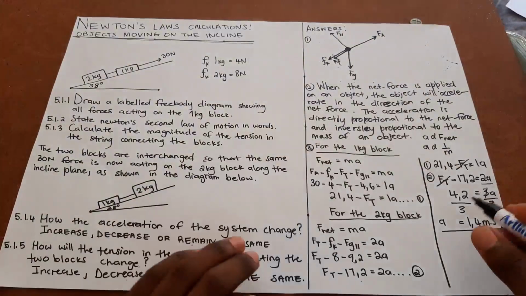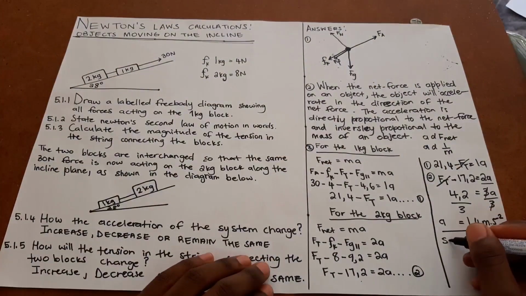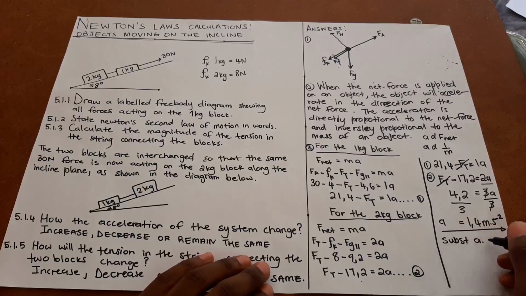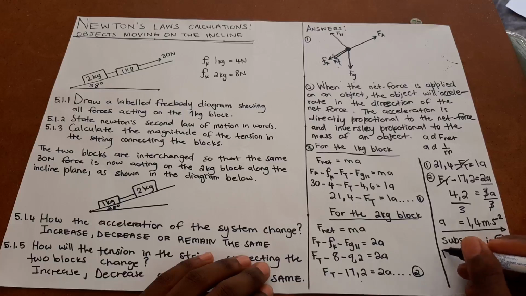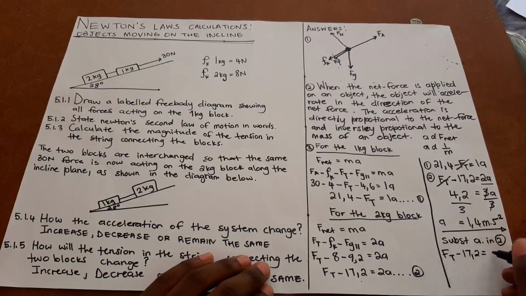So let's substitute the acceleration in equation 2. We're going to have Ft minus 17,2 is equal to 2A. So Ft minus 17,2 is equal to 2 multiplied by 1.4.